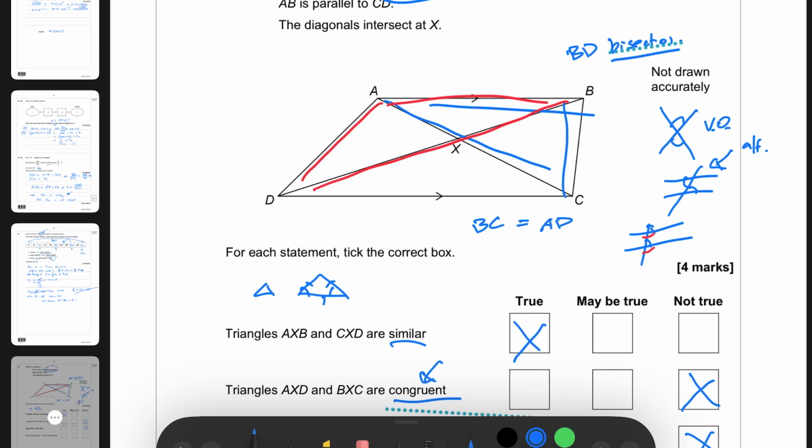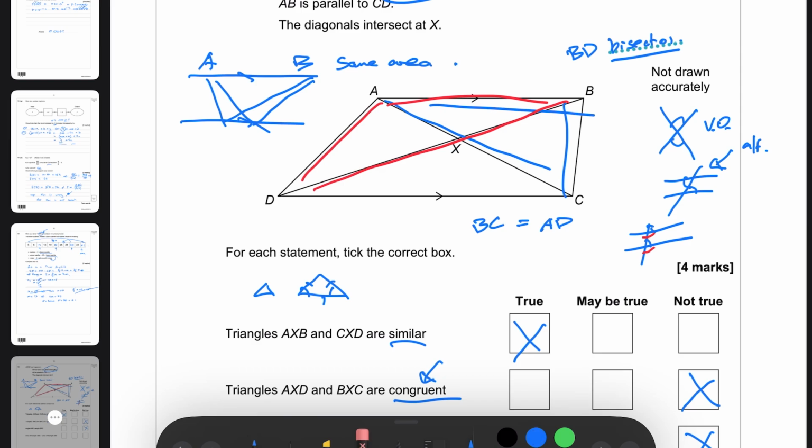Actually, an interesting property about triangles is that between two parallel lines, two triangles that have the same base, so in this case AB, are always going to have the same area. Why? This is actually quite important, and it's worth memorizing.